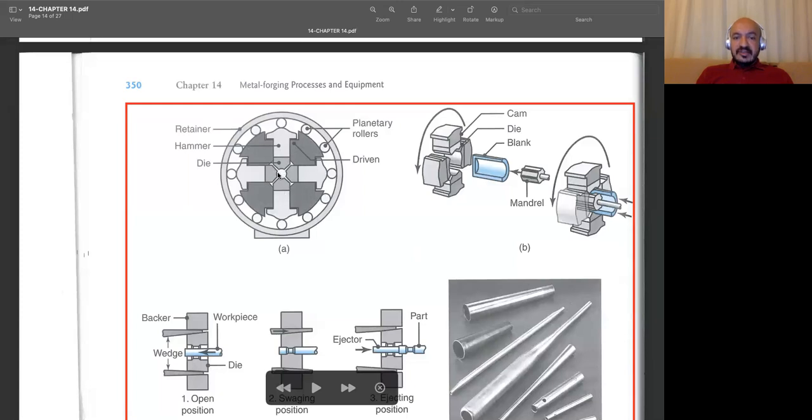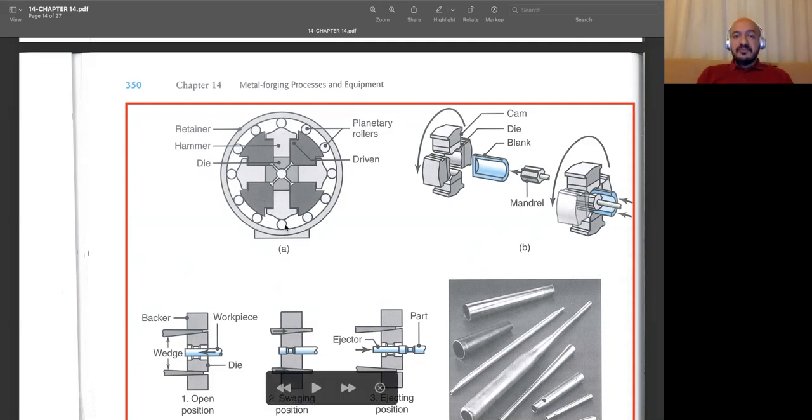We put our workpiece at the center, and due to the rotation of these planetary rollers, the hammer goes up when the rollers are not at this point, but once the roller is at this tip, our hammer goes down. So you always have an impact force on the workpiece, and if you have it from all sides, up, down, right, and left, then we decrease the size of this circular shape. I will show you some videos about it.